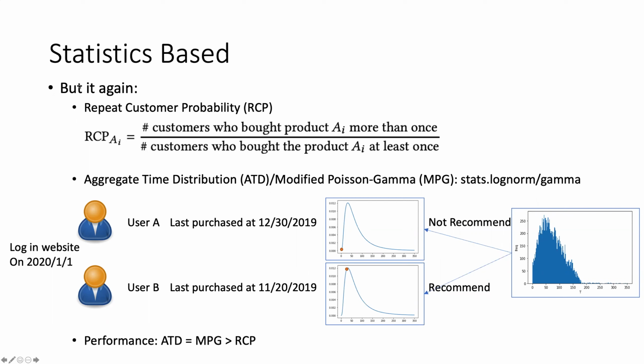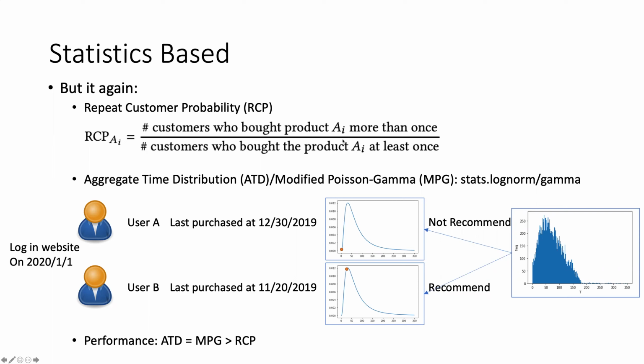So buy again means, for example, if you buy a toothpaste, you use it up every 3 months, right? So after 3 months, you will probably buy this toothpaste again. In this algorithm, we identify people who bought product A more than once divided by customers who bought product A at least once.